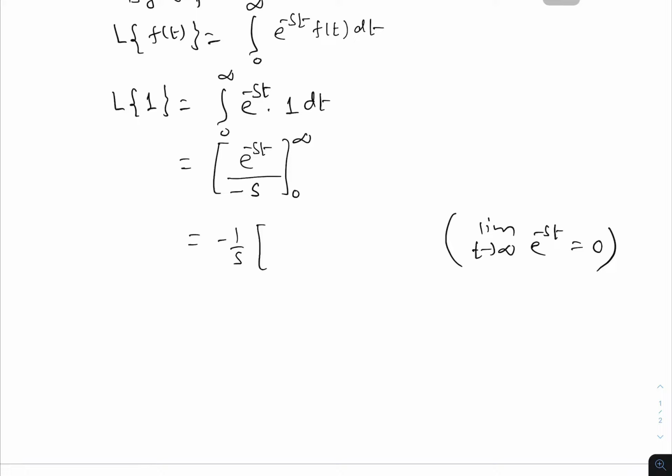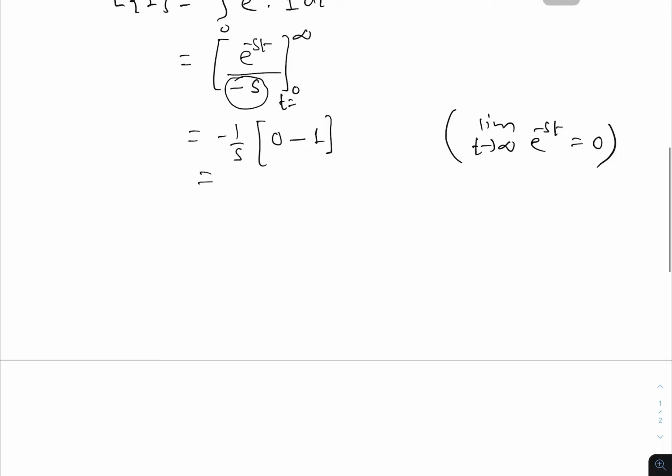So when you take infinity, this will be 0, and minus when you take t equal to 0, then e power 0 is 1, and so this is nothing but 1 over s. Therefore the Laplace transform of the function 1 is nothing but 1 over s.